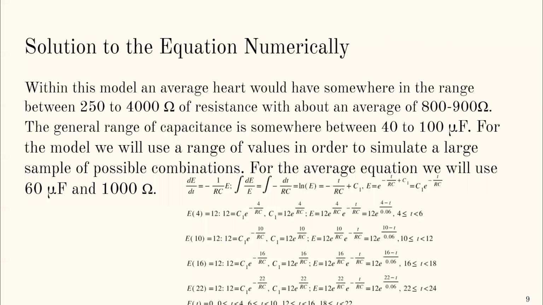For this model, because there are so many values it could be, we're going to make several models at the extremities and around averages in order to get a more accurate model. When we call an average equation, we're going to call it 60 microfarads and 1000 ohms.